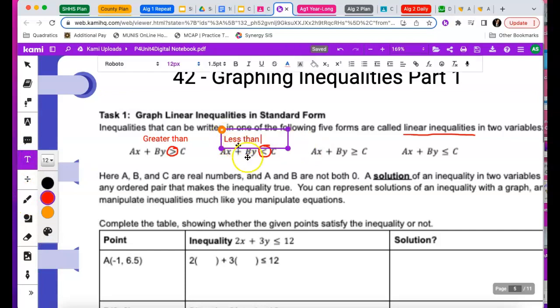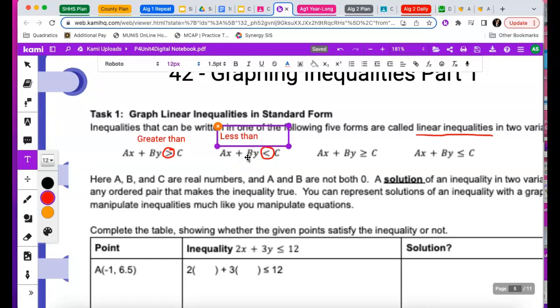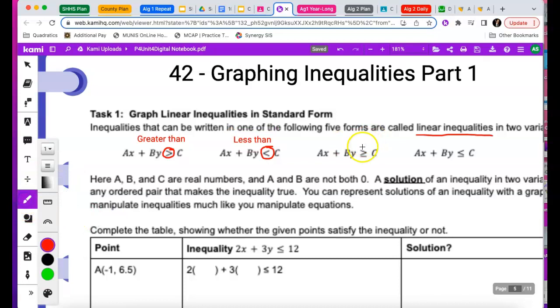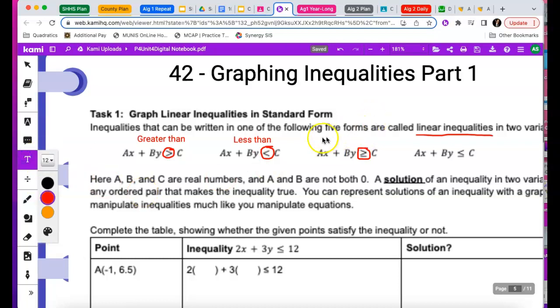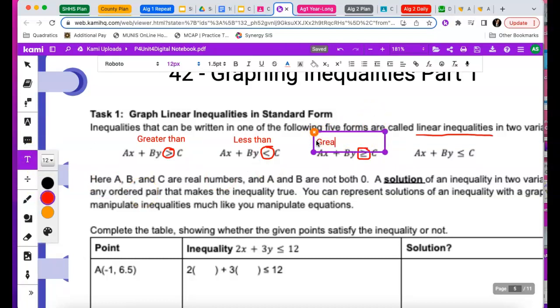So we're just labeling the different inequality symbols. The next one with the little line underneath of it, it's greater than or equal to. So anytime there's a little line underneath of it, you add a little or equal to.